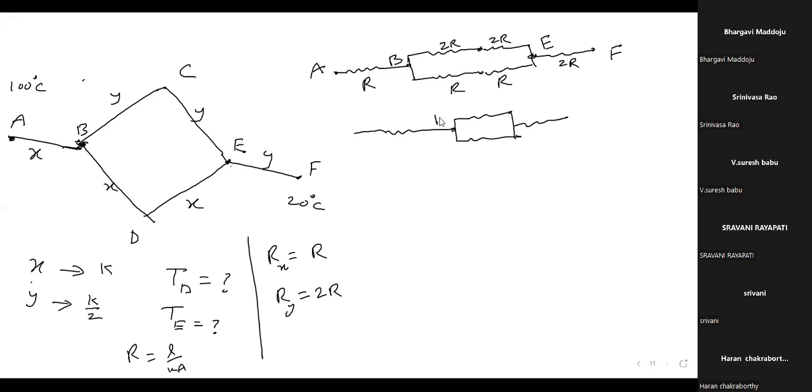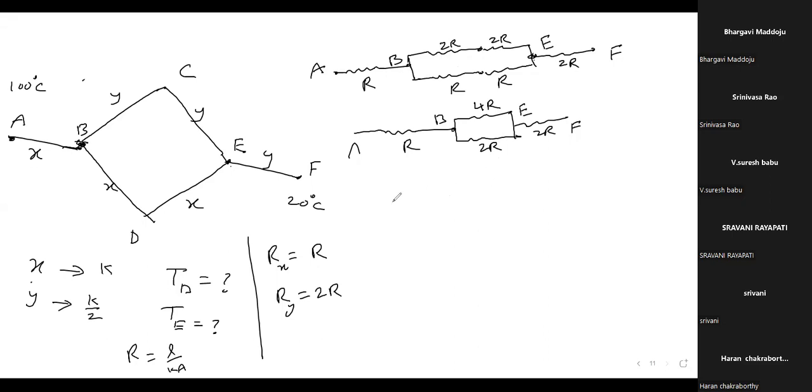This is point B. This is A. The sum of this is 4R. Effective resistance between these two ends is 2R. Again, 2R and 4R are in parallel.